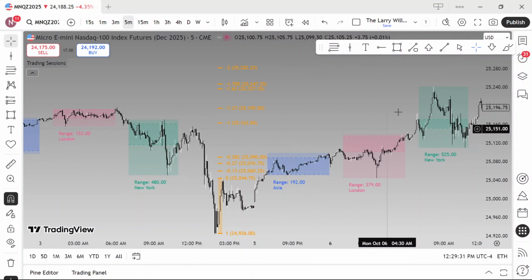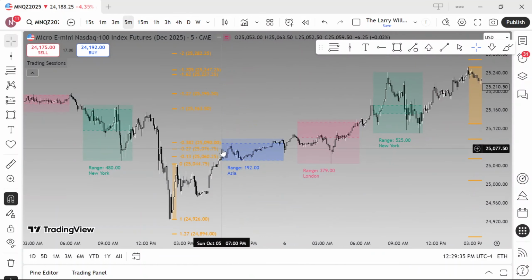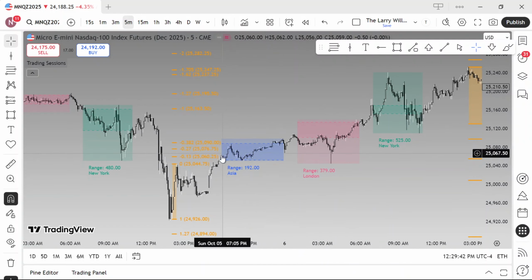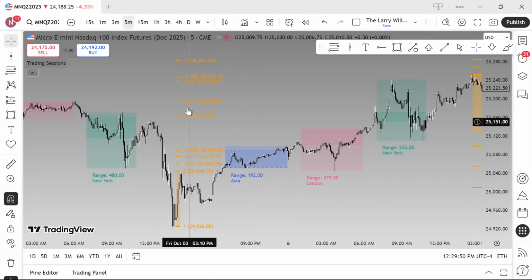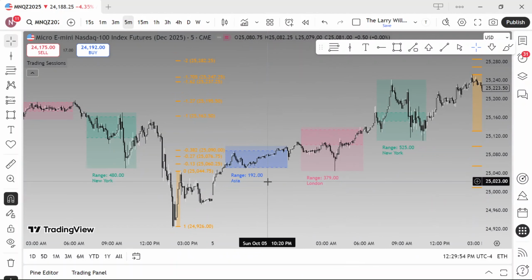And if you mix that with compression and expansion, you can get a good idea, because AMD is not always straightforward, where it's just consolidation, manipulation, expansion. For the example right here, you can see where I have these levels lined up. What I use the CBDR for mainly is for daily high, daily low projections. That's usually what I use it for.